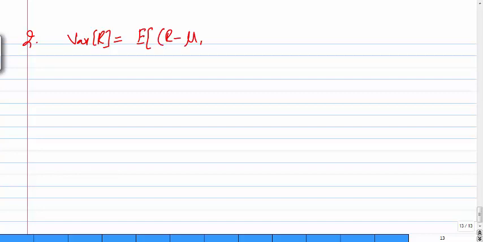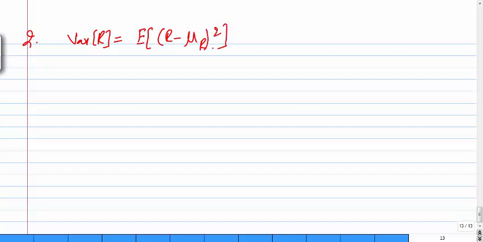Now we move to the next method, method number 2. We know that variance of R is equal to expected value of R minus mu R whole square.